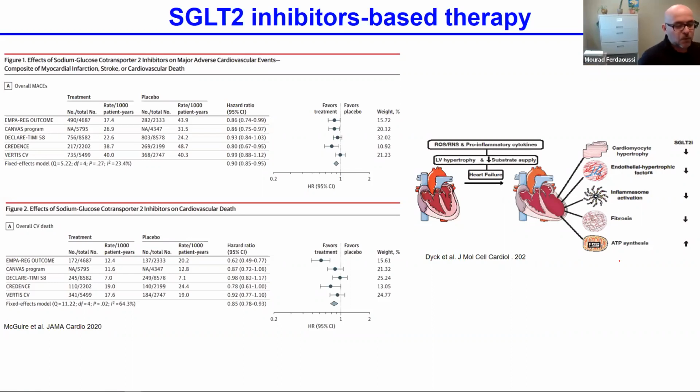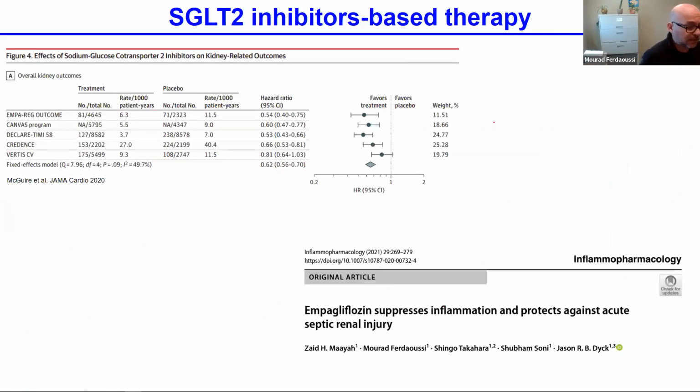So again, this new generation of anti-diabetic drugs is not only good for diabetes; more studies show that they are also beneficial for other comorbidities of diabetes, like the cardiovascular disease or the renal disease.